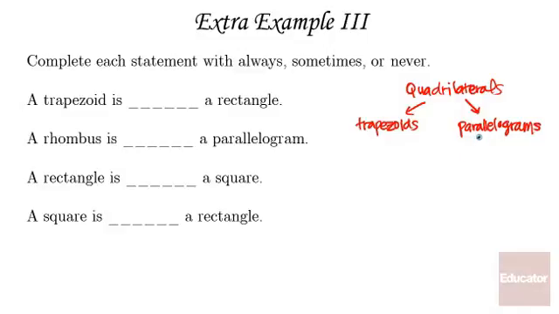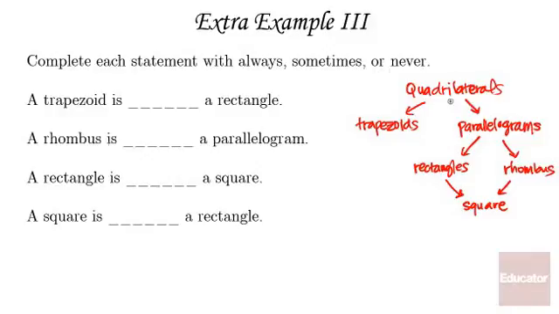Then parallelograms, the two types are rectangles and the rhombus. And then these two have a square. So here's your flow chart. Now again, if you're going side by side, meaning if there's no arrows connecting them, then it's never.